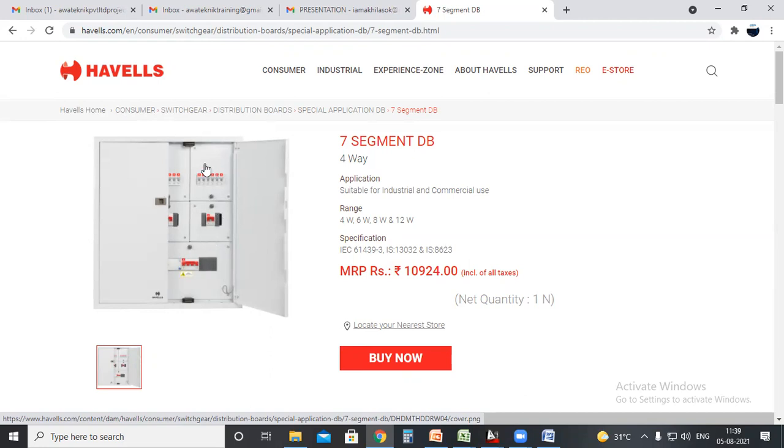So in that case, if anything happens in a particular phase, each phase has different incomers, different isolators. You can see that the 3-phase wire is coming into the isolator. Then here we have an RCCB. Then individually the R will go here, Y will go here, or B will go here.